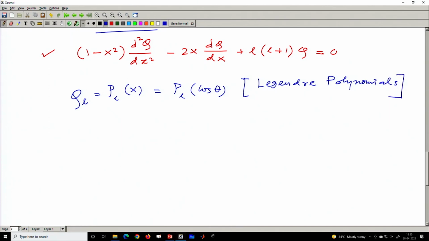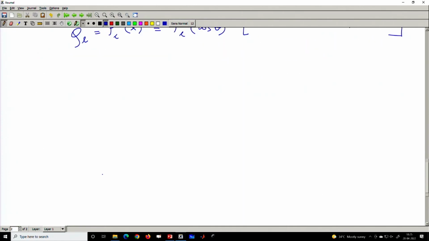So, the most general solution then becomes simply phi, which is a function of r and theta, because both the solutions are now in our hand.